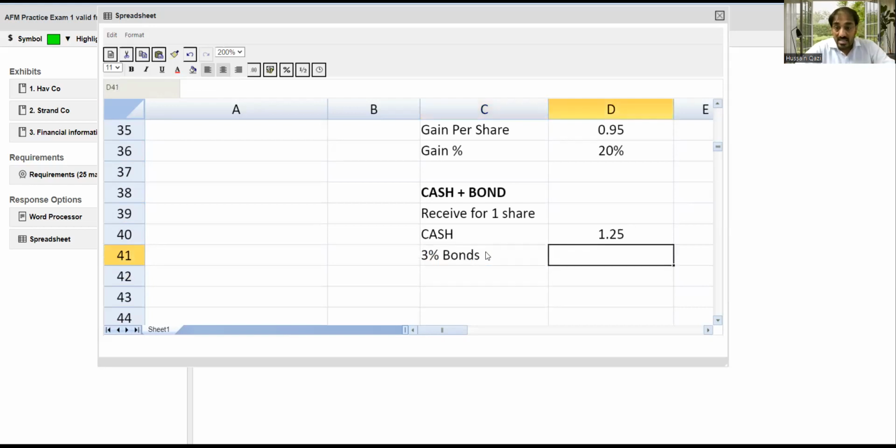That is 3% bonds, which is offering for each share $5.